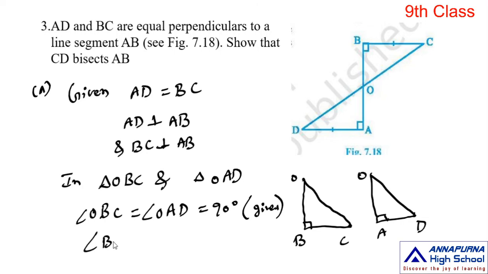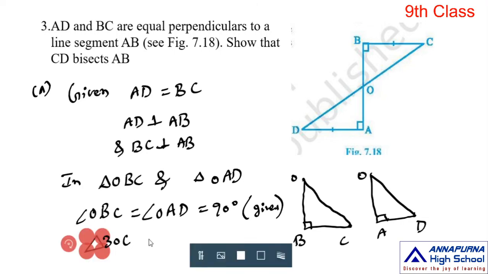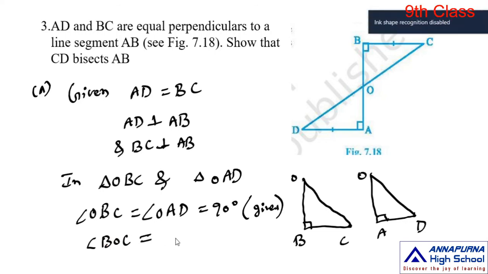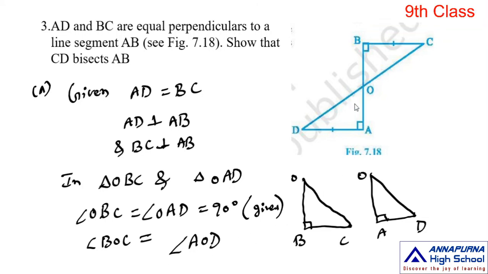Angle BOC is equal to angle AOD. These two angles are vertically opposite angles because CD and AB are intersecting lines.